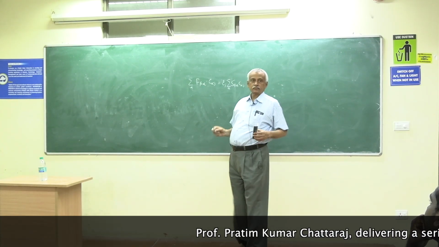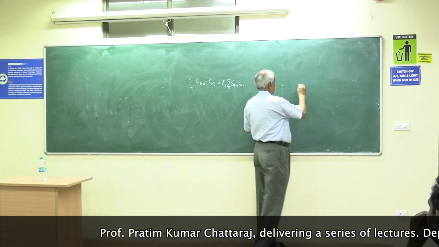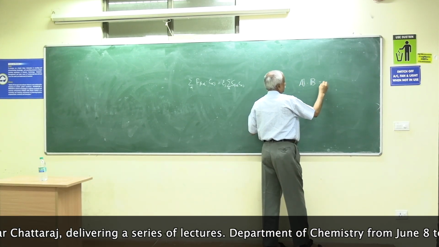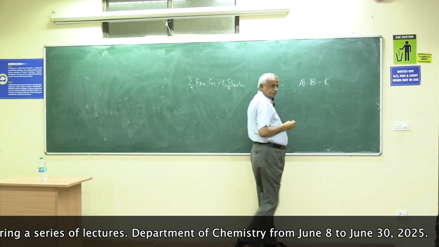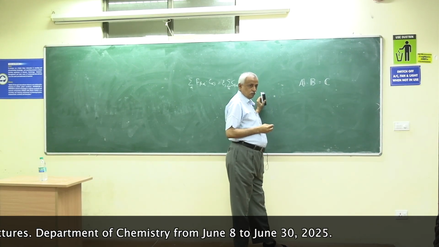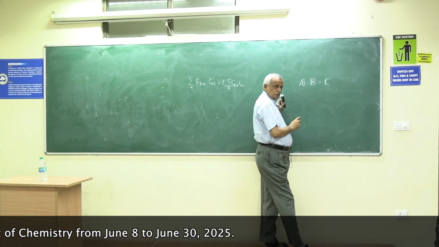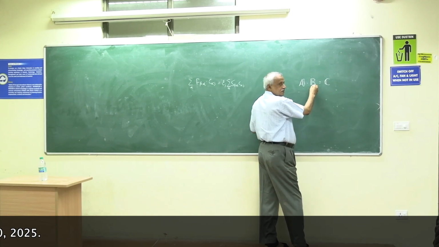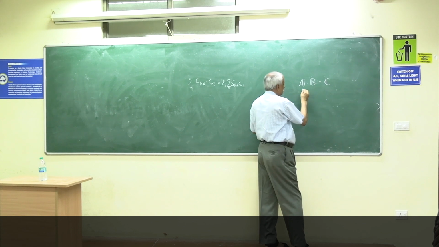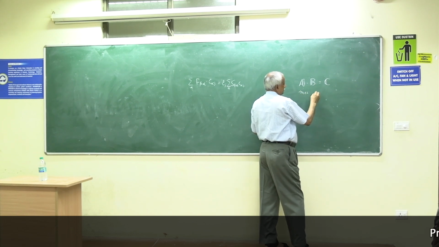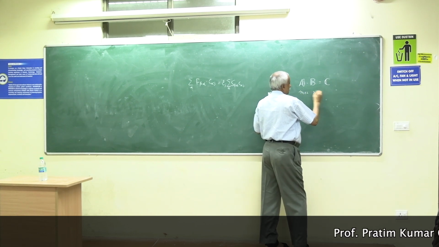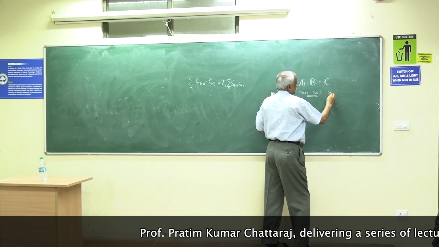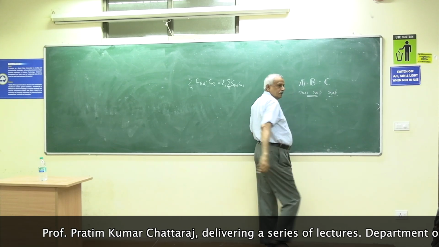You see, suppose you have two matrices, A and B, and the product is, let's say, C. These two matrices should be conformable for multiplication: the number of columns of A should be the same as the number of rows of B. That means if A is m by n and B is n by p, you can multiply them and the final matrix will be of dimension m by p.